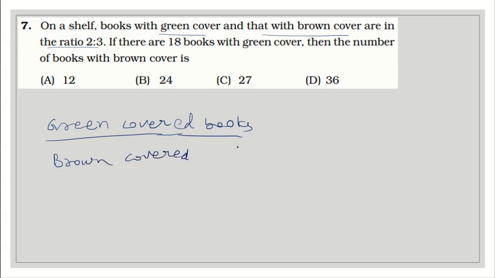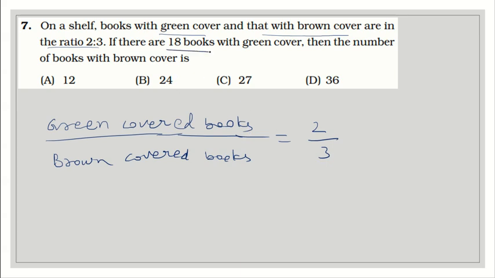Remember, it is not exactly 2 and 3, it is 2 parts and 3 parts. That is what a ratio always says. If I have 20 green covered books, then I will have 30 brown covered books. If I know this much concept, then it is easy for me to tell the answer.